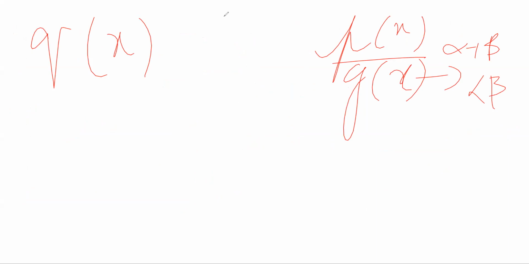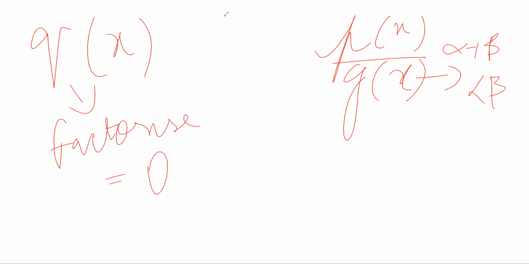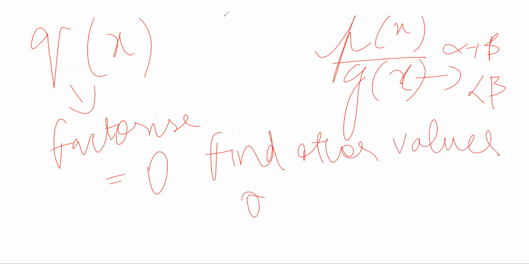After doing all these, you get q of x, and then what you need to do is factorize it, equate it to 0, and find the other values of x.